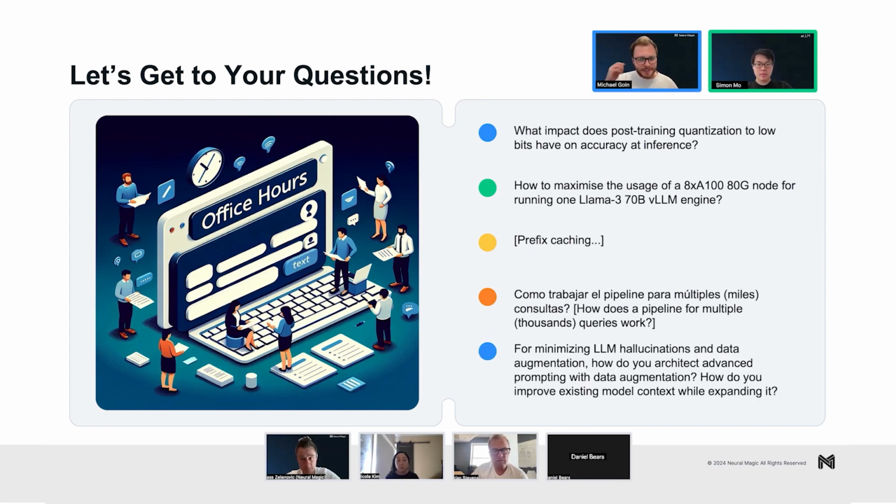And for minimizing hallucinations and data augmentation, how do you architect advanced prompting? I think this is kind of a research question, kind of difficult to handle within the context of just LLM serving.